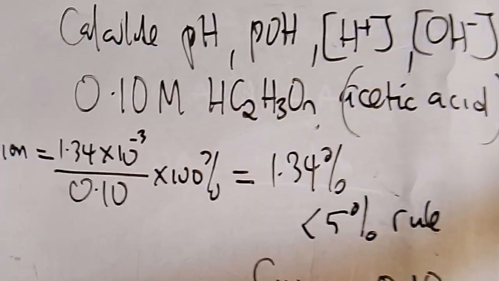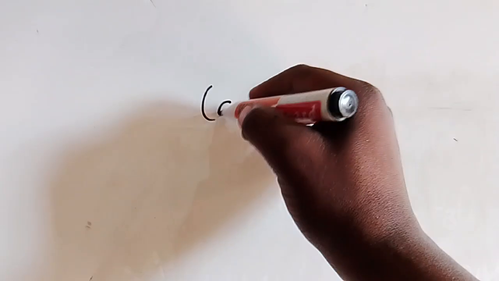Let's have another example, where the percent ionization is greater than 5%. In such a case, we need to apply the quadratic equation.